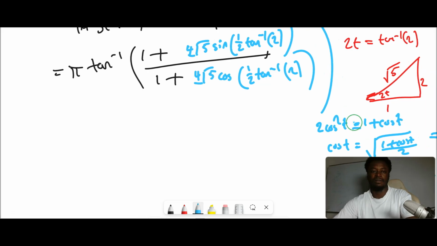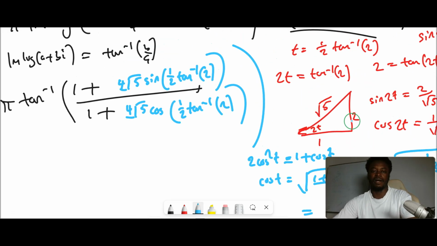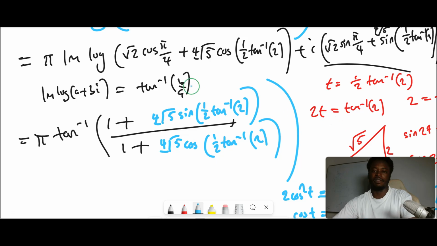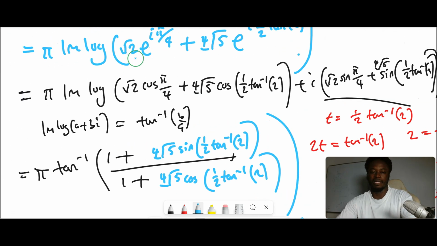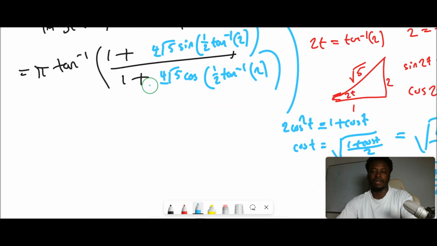Okay. If we're going to go back to our work, let's briefly explain where we are. So we simplified up to this level, and then the next thing is for us to get the values of the sine and the cosine. We already found the sine.